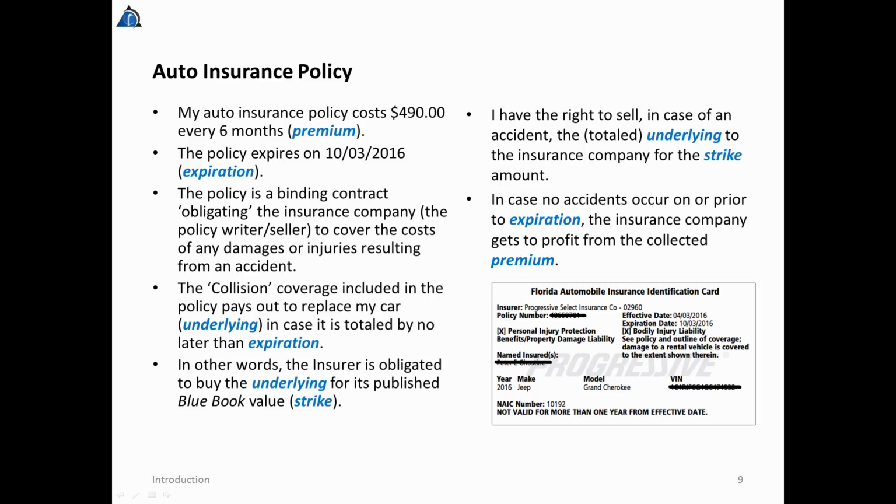I have the right to sell, in case of an accident, the totaled car, the underlying, to the insurance company for the strike amount. Now, in case no accidents occur on or prior to the expiration date, the insurance company gets to profit from the collected premium.